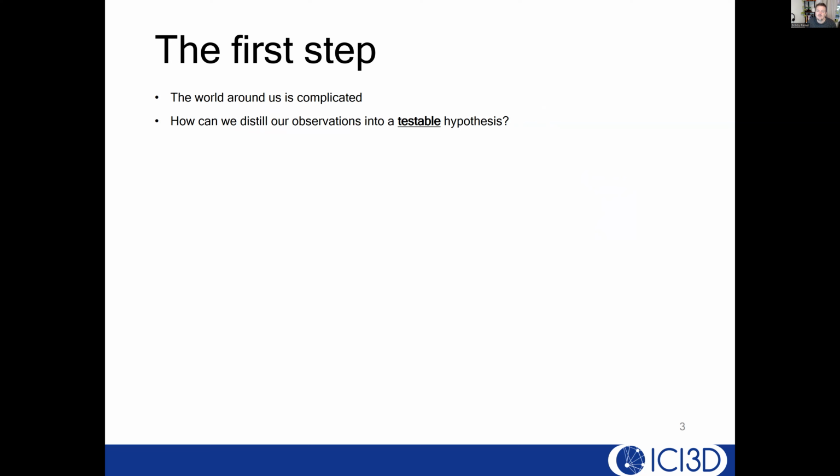And what we really need to do is identify a specific observation or a specific process that is simple enough for us to try to actually test hypotheses around that observation, but not so simple as to be obvious.